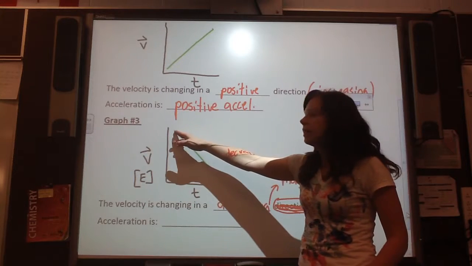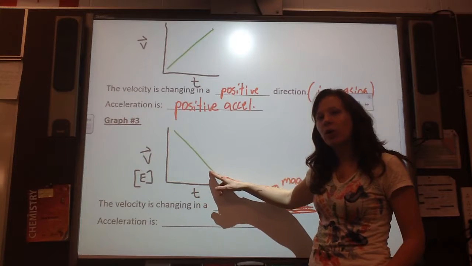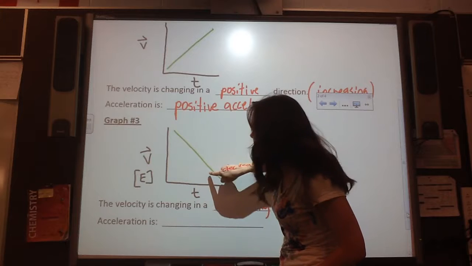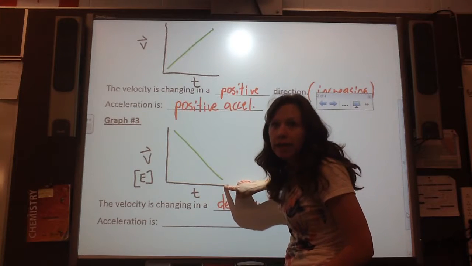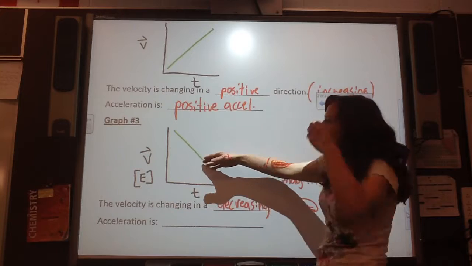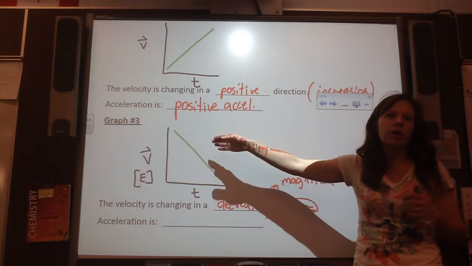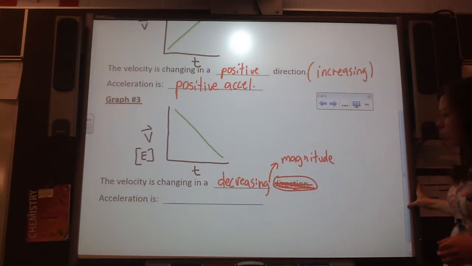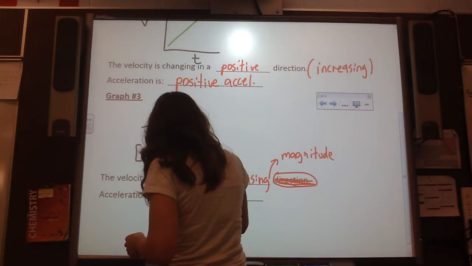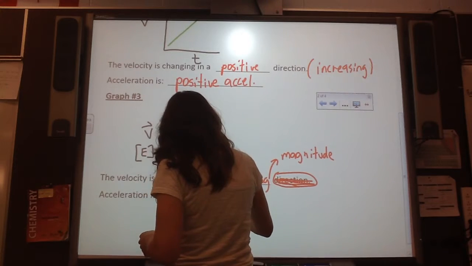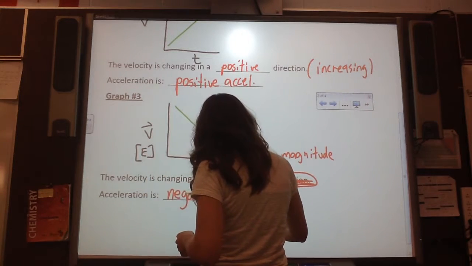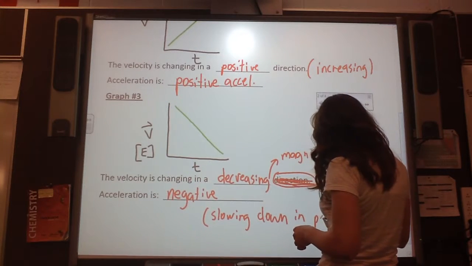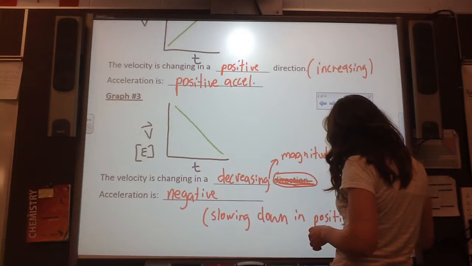But right now, it's still going east, but it's slowing down, right? Because if I look here, say my velocity is like 5 meters per second, but then here it would be like 1, and I'm slowing down, right? So this object is slowing down in the positive direction. It's still staying the same direction, it's just slowing down. So we would say acceleration then is negative because it's slowing down in positive direction.